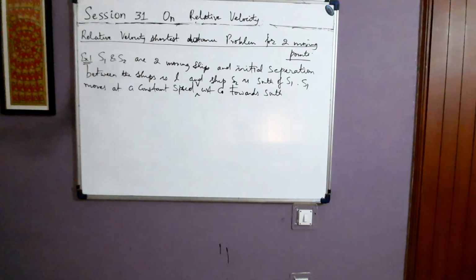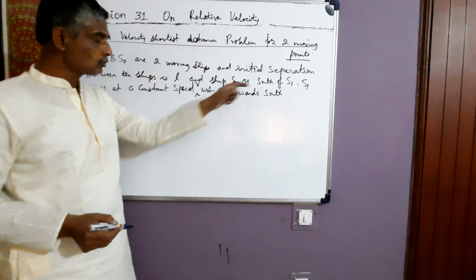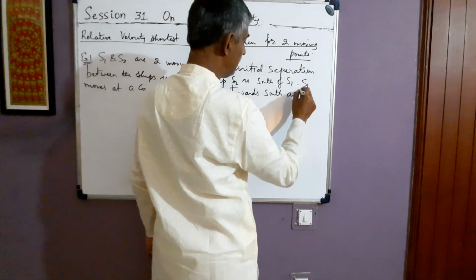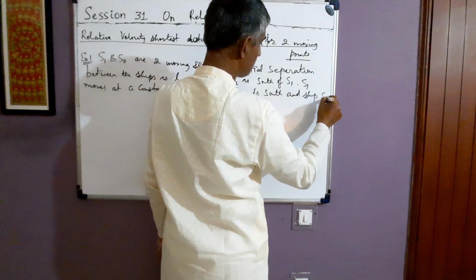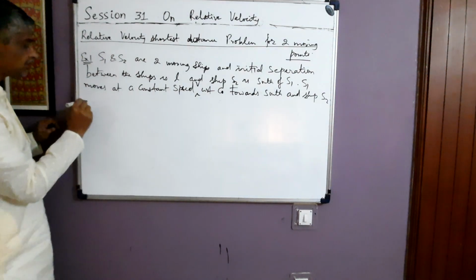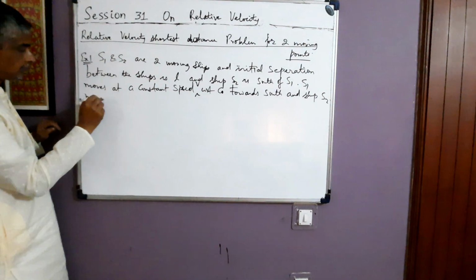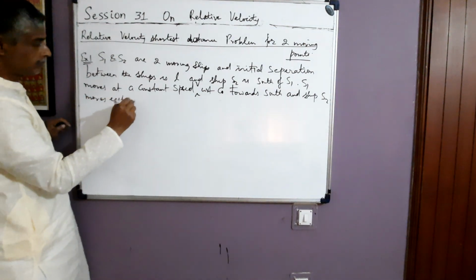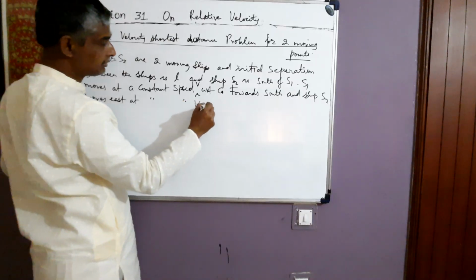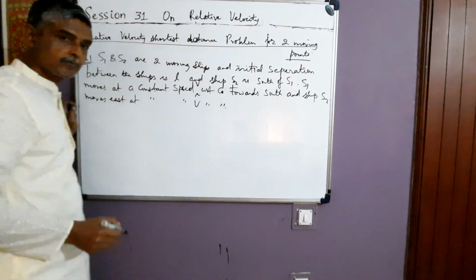So ship S1 moves at a constant speed v with respect to ground towards south, and ship S2 moves eastward at constant speed v with respect to ground.